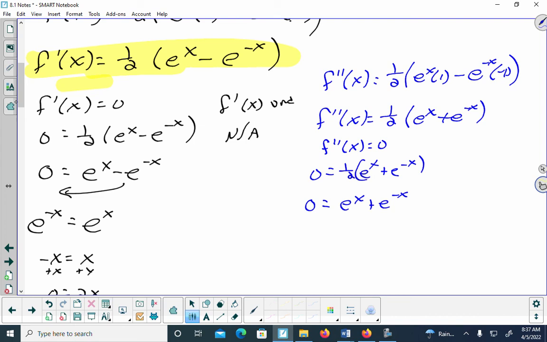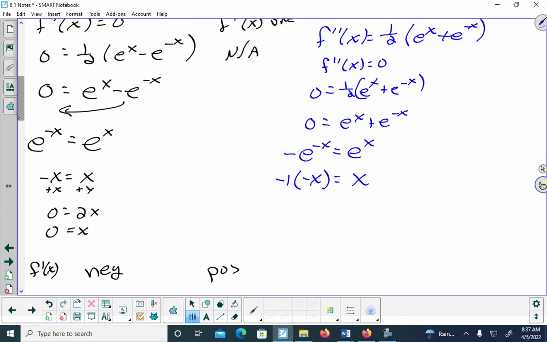So subtract, so I'm going to have the opposite of e to the negative x is equal to e to the positive x. So I'm going to have a -1 here, then times negative x is equal to x. So I'm going to get x is equal to x, subtract x from both sides, and I'm going to have 0 is equal to x, so x is equal to 0.